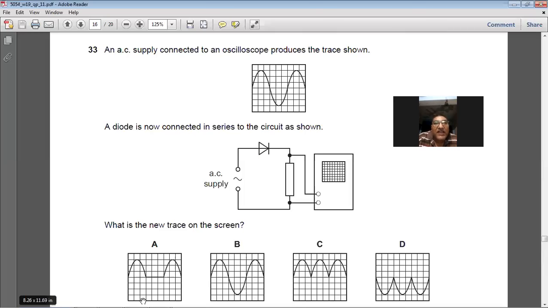And the wave should not come down, because now the EMF is only in one direction. So A looks the best option. It's a little tricky question. Very tricky question. A looks the right option, sir. Question number 33, A is the right option. A little difficult concept.